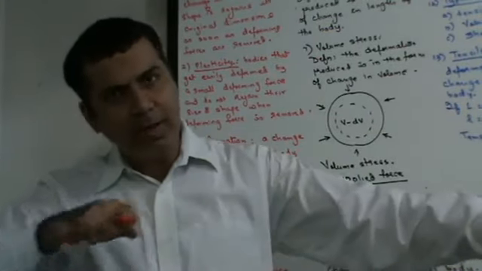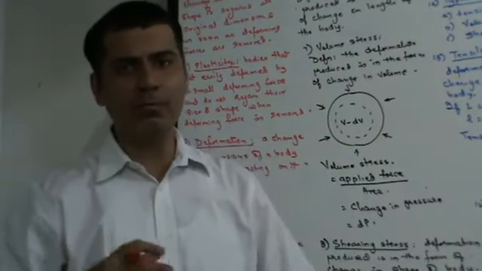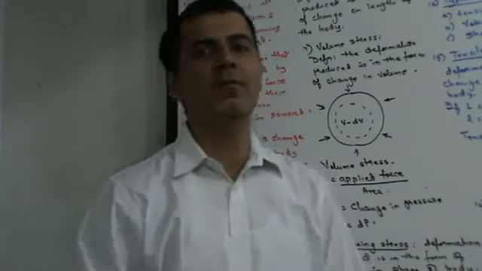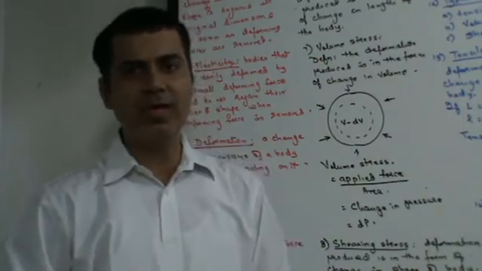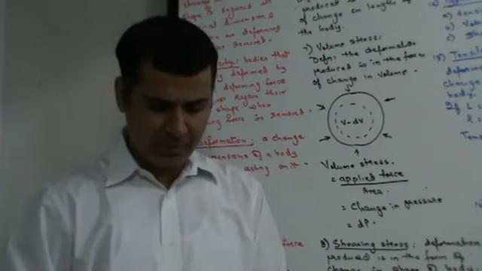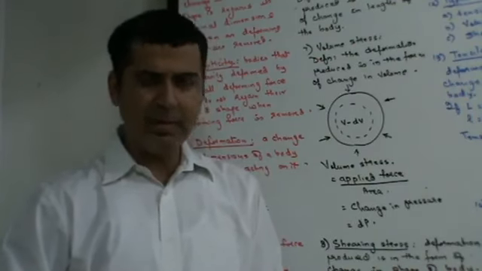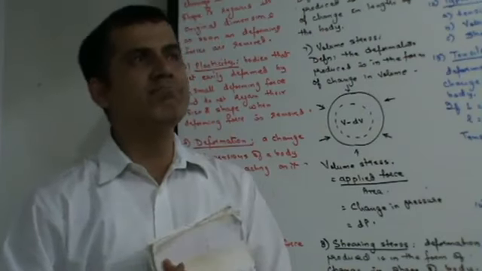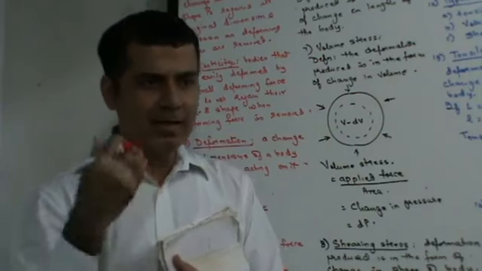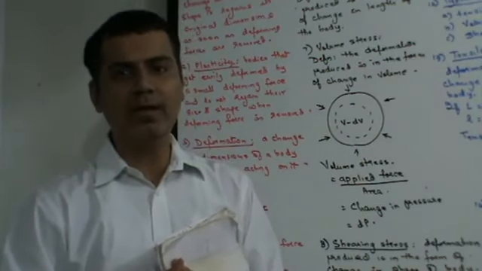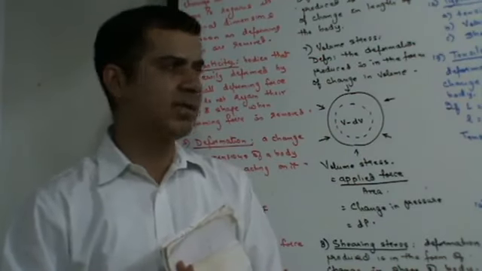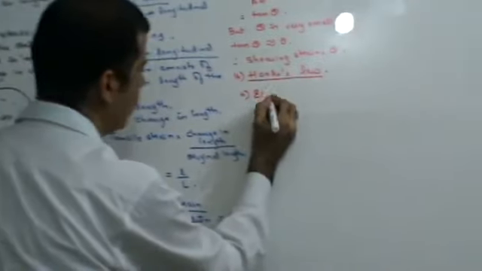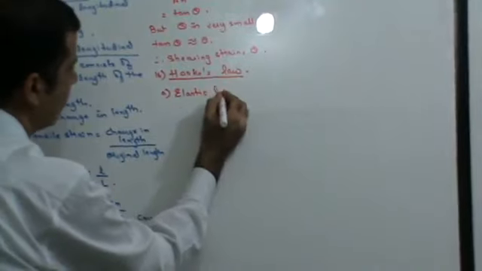But if I go on applying force to a body, after a certain point of time, even if I remove the deforming force, the body does not regain its original size and shape, right? There is a permanent deformation, right? Now, the maximum force that I can apply to a body without permanently deforming it is called as elastic limit. So before I go on to Hooke's law, I would first want to define what is elastic limit.